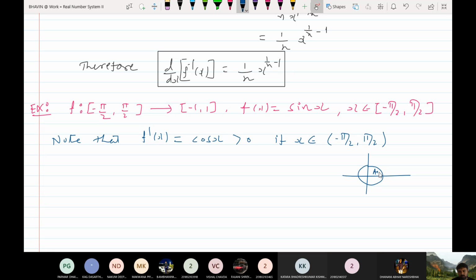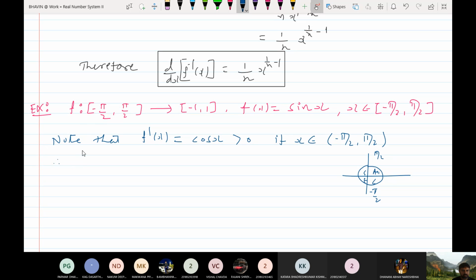So all S, T and C. So in the first quadrant all trigonometric functions are positive. In the fourth quadrant cos and sec are positive. So minus pi by 2 is somewhere here and plus pi by 2 somewhere here. So if your x is between minus pi by 2 to plus pi by 2, your cos x is positive. Do you understand?